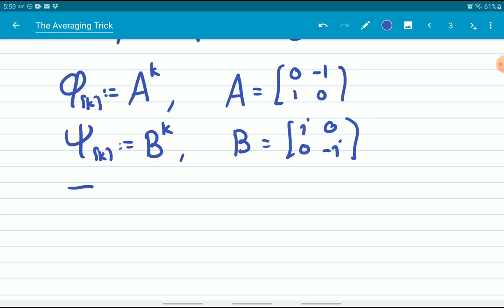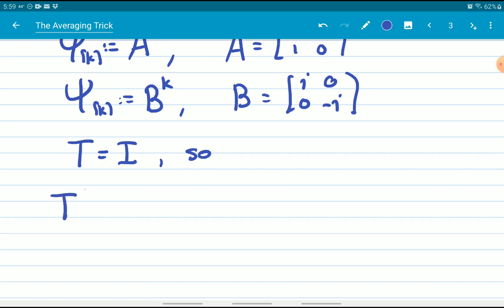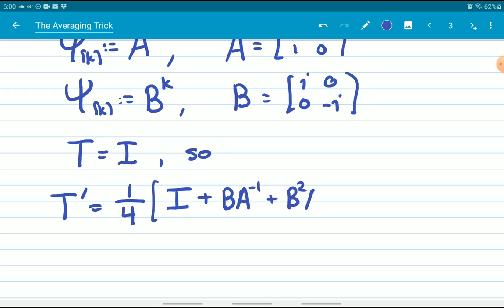I'm going to let my linear operator be the identity matrix. So if I do this, then T prime is going to be the average. So I'm going to take 1 over 4 times, well, I'll get identity, that's k equal to 0, B A inverse, that's k equals 1, B squared A to the minus 2, B cubed A to the minus 3.